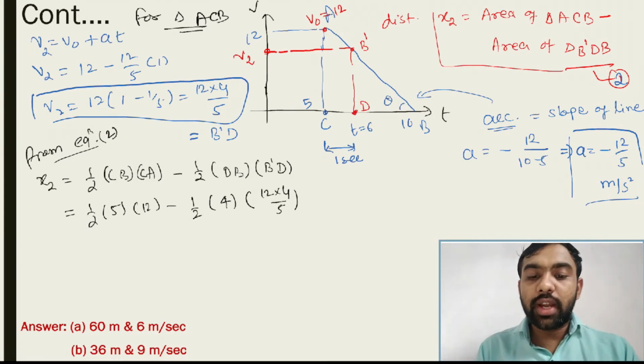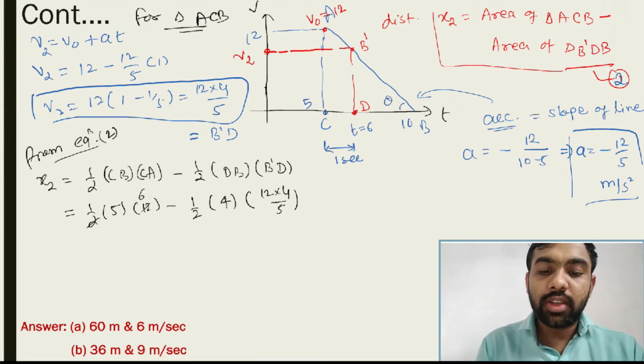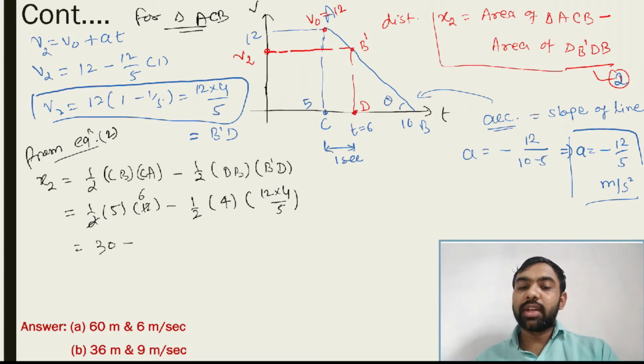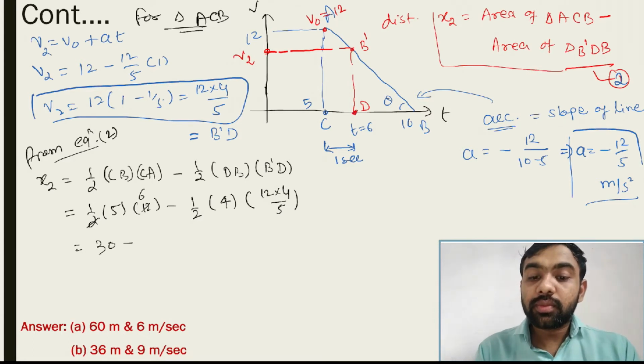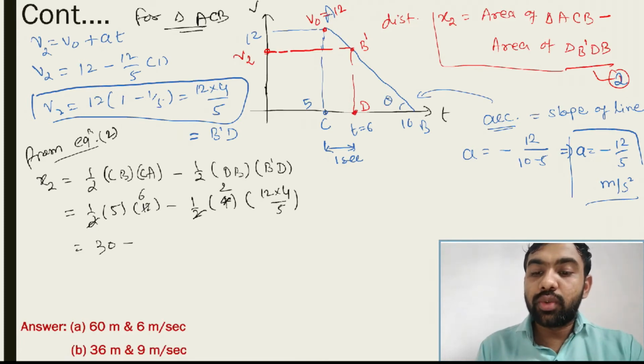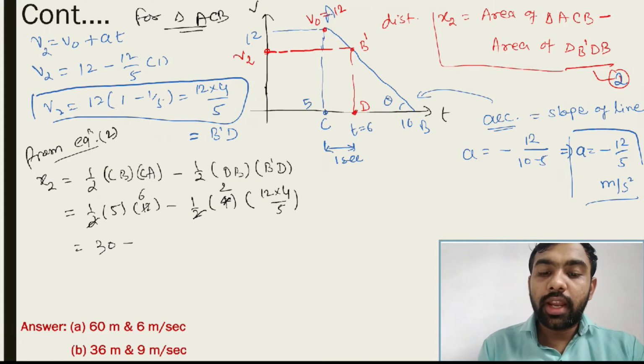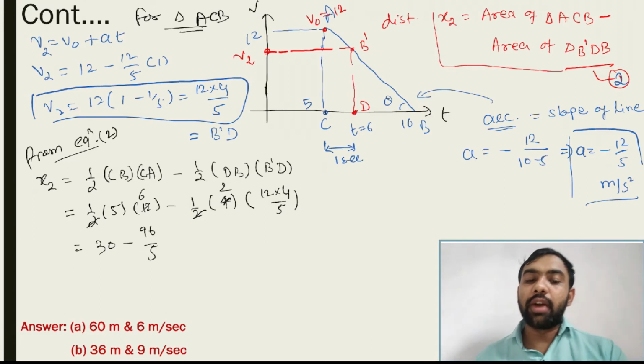So simplify this and you get the final answer. So 6 5s are 30, minus, 2 cancels out, so 12 into 4 is 48, 48 into 2 is 96 upon 5.